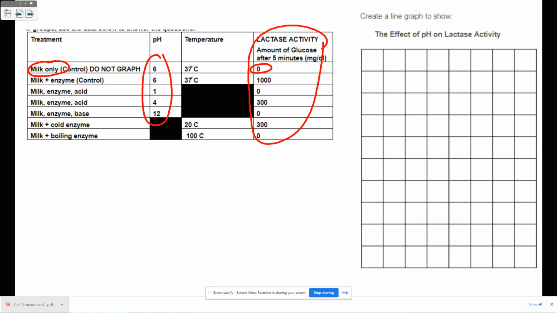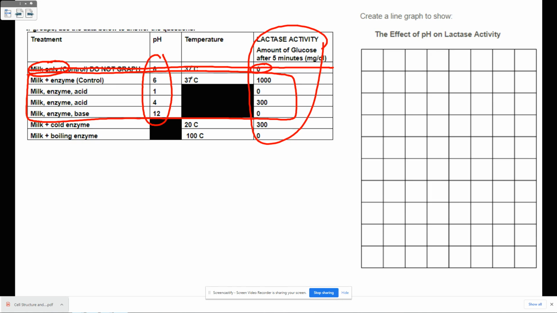Where it says milk only, and it's a control, it says do not graph. That means this will not be part of our graph. So what data are we going to graph that involves pH and lactase activity? This is what we have right here. And we are going to create a line graph to show the change in activity as we change the pH.